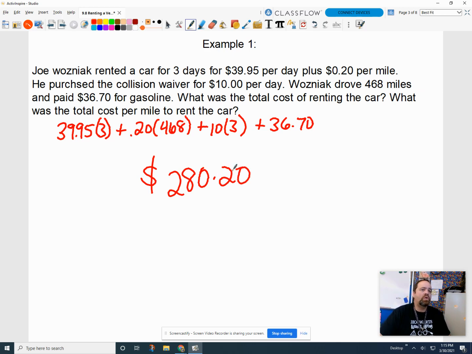Okay, that's the total cost for the car, but if we want to know what this is per mile, there were 2 questions there. Per mile, you're going to divide by the 468 miles. This thing cost him 60 cents per mile to drive.